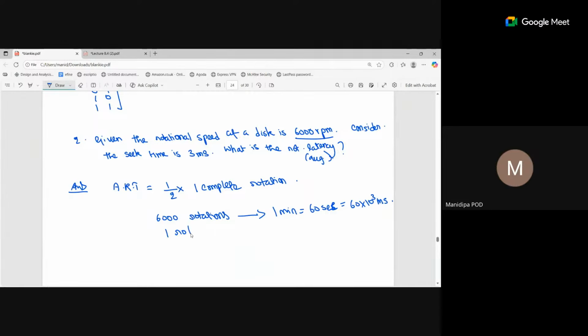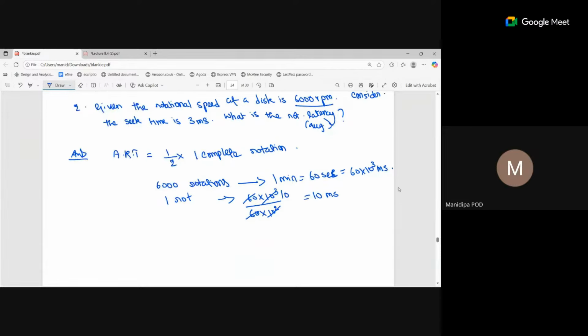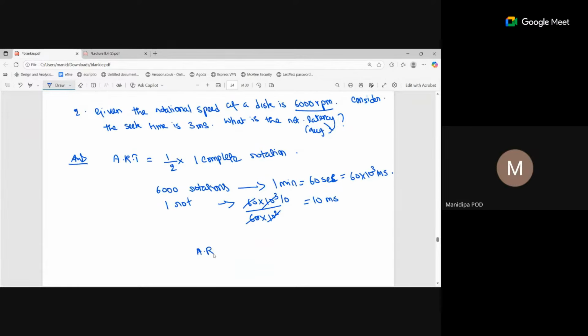So 1 rotation is 60 into 10 power 3 by 6000, which is 60 into 10 power 2 by 60, so 10 milliseconds. So 1 rotation takes 10 milliseconds, and average rotational latency is half of that, so half into 10, 5 milliseconds.